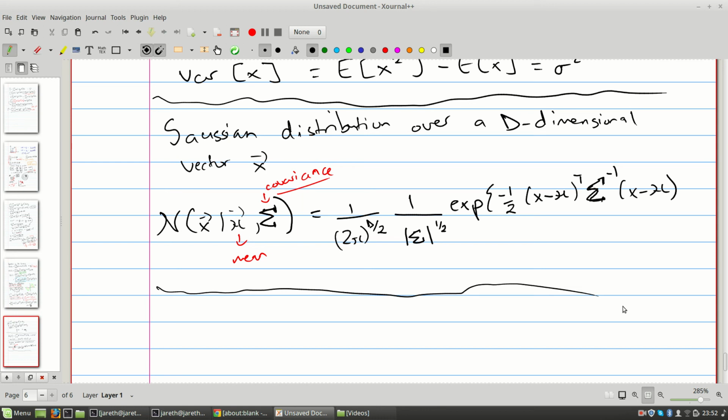In the next lecture, probably, we're going to start talking about maximizing the likelihood for this distribution, what it actually means, and how it can help us when we are solving our statistical problems.